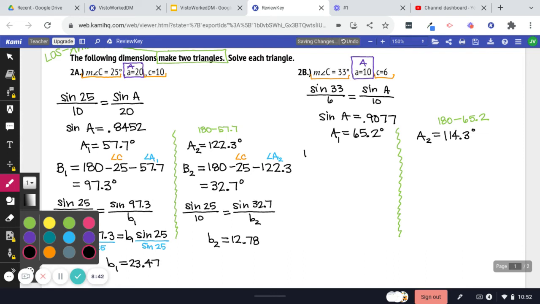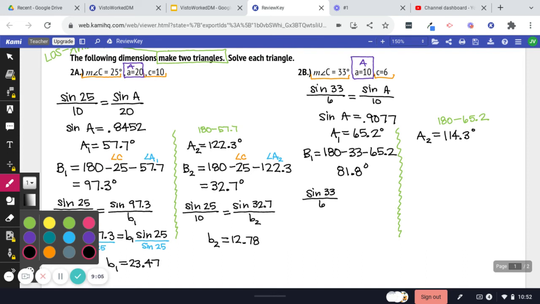So here we go. Now I'm going to find angle B. 180 minus the 33 minus 65.2. I get 81.8. And then I go sine 33 over 6, right?